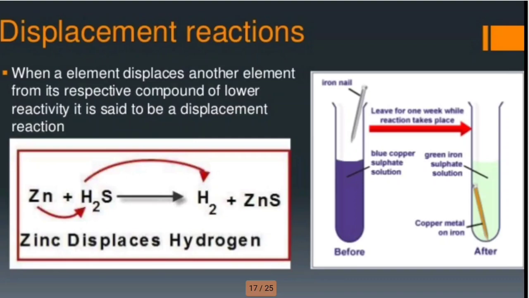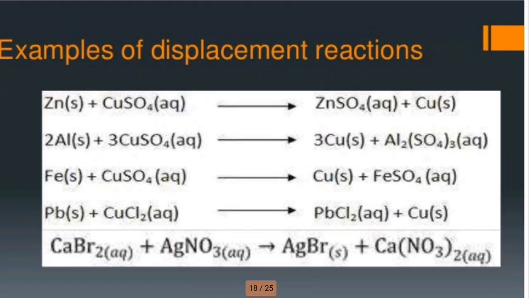Color change you can also see in these photographs. Next, another example: aluminium plus copper sulfate gives copper plus Al2(SO4)3. Here aluminium displaces copper.